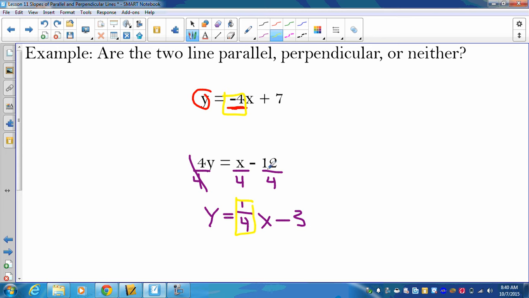They're definitely not parallel because the slopes are not the same. But we can multiply them together and see if they're perpendicular. You get negative 4 over positive 4, which is negative 1. So because their slopes multiply together to be negative 1, we can say that they are perpendicular.